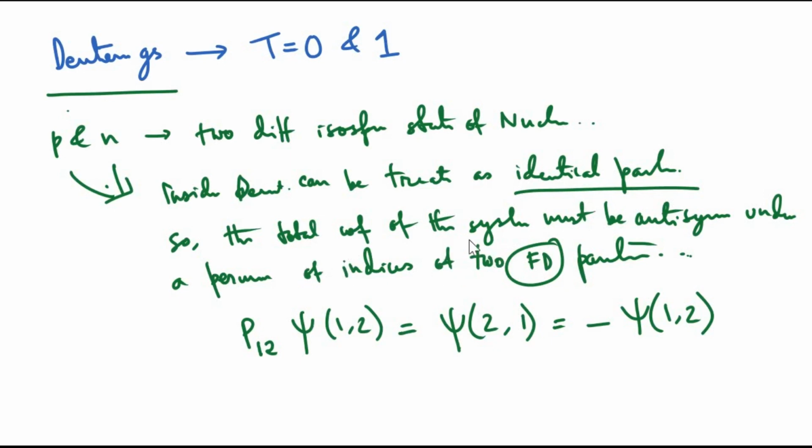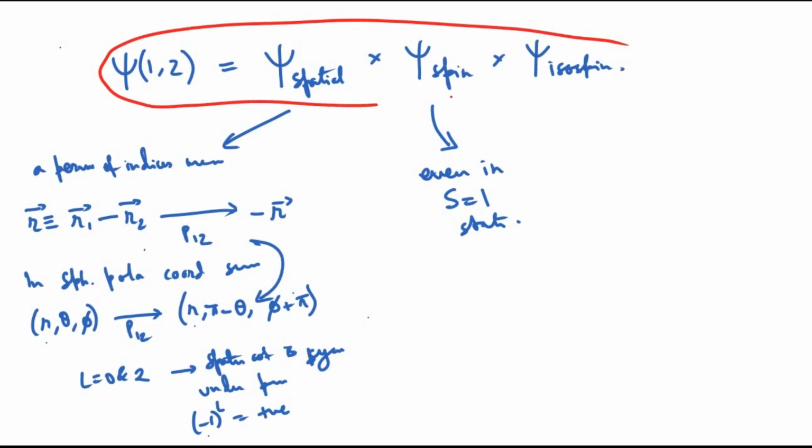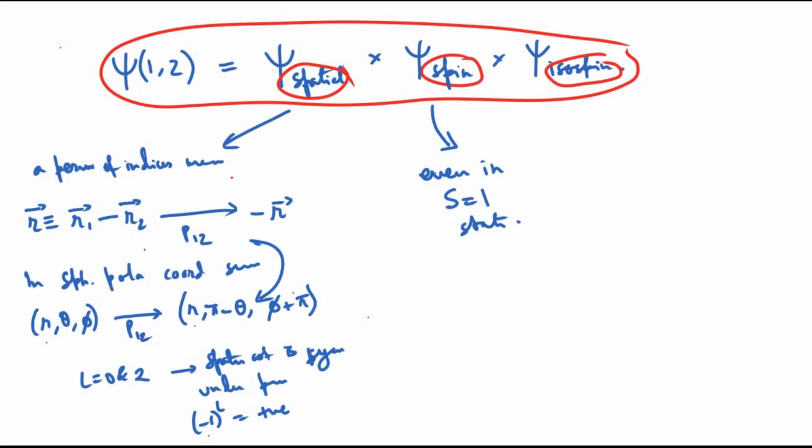So the total wave function of the system must be antisymmetric under the permutation of indices of the two particles. So we can write like that, and as a result we have written the total wave function in this fashion. You see, we have decomposed it into spatial component, spin component and isospin component. Then we have done the analysis for spatial component.